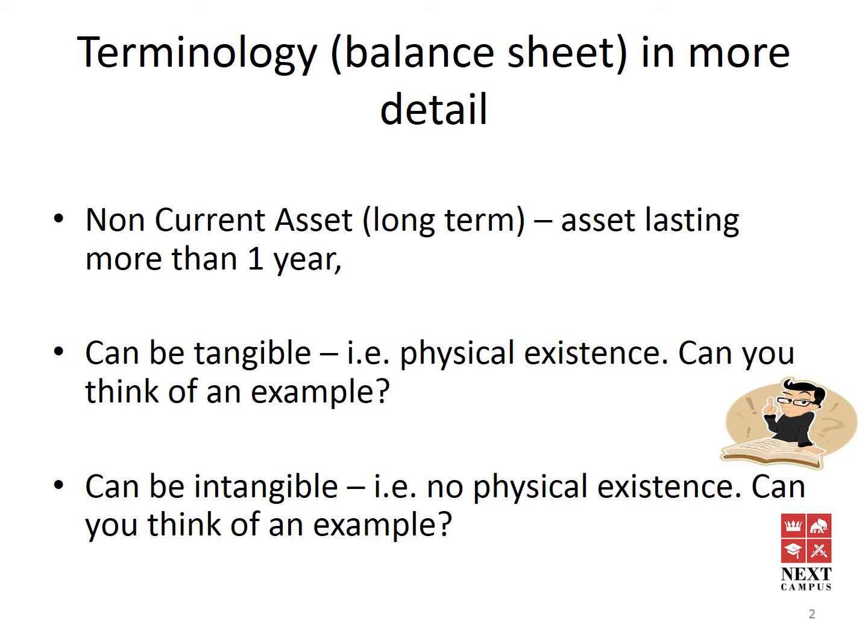So non-current assets are assets that will be held by the business for a period of more than 1 year. They can be either tangible, which can be touched, like land and buildings, motor vehicles, furniture, machinery, or they can be intangibles like the goodwill of the business.